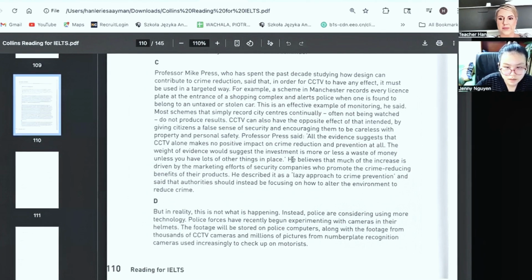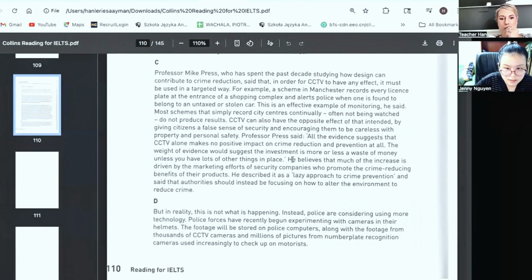This is an effective example of monitoring. He said most schemes that simply record city centers continually, often not being watched, do not produce results. CCTV can also have the opposite effect of that intended, by giving a false sense of security and encouraging carelessness with property and personal safety.